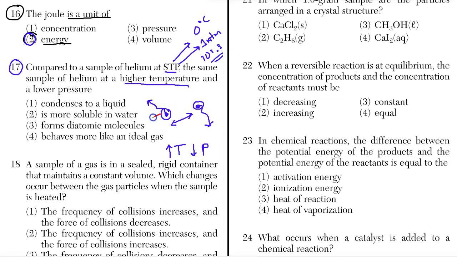So if these molecules can physically move farther apart because they're going faster, and they have the space to do so without having collisions either by the container walls or other molecules, then they are going to have less attraction. And if they have less attraction for each other, they're going to behave more like an ideal gas.